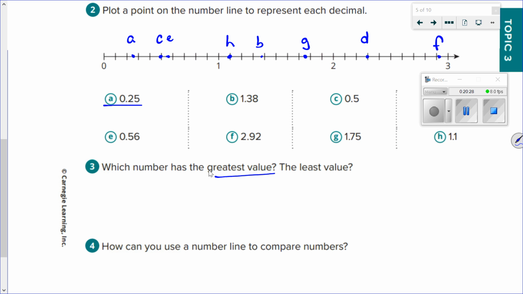I don't like your wording, because that was very specific to this one number line. On a number line, how do I know when a number is larger? Or how do I know when it's smaller? If it's the same number, then you have to look at the other side to see if there's more or less. Okay, but on a number line.